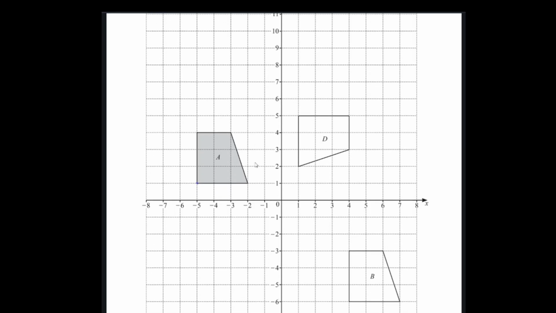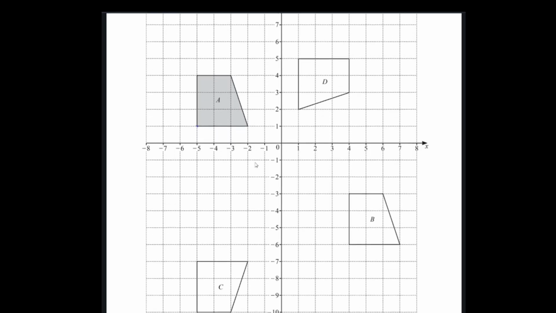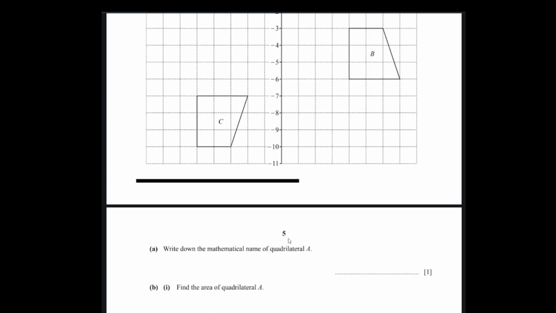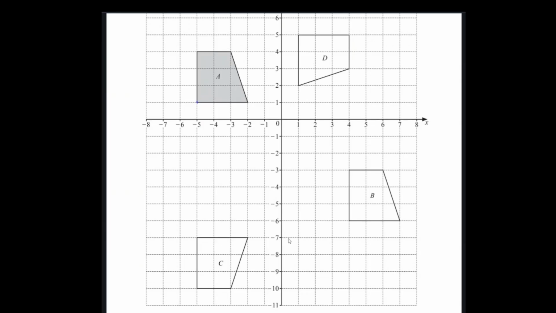So this is a diagram given and 4 quadrilaterals are there, A, B, C and D. Next page the questions are there. Write down the mathematical name of quadrilateral A. So what is the mathematical name for this quadrilateral? It's a trapezium.